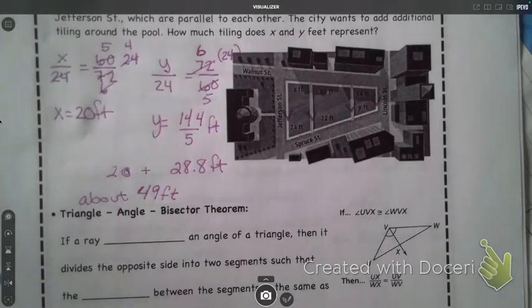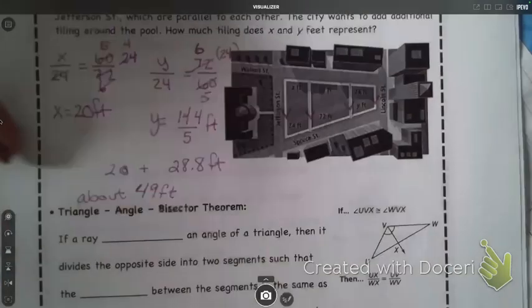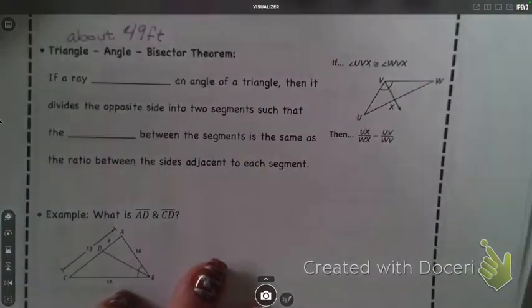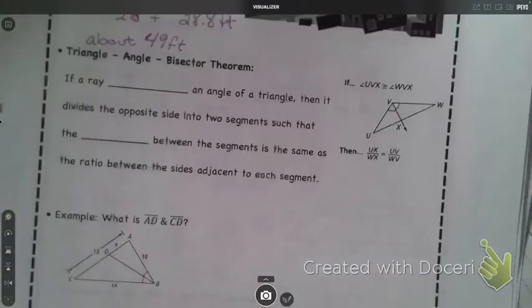Okay, triangle bisector theorem. What is a bisector? Cuts things in half.